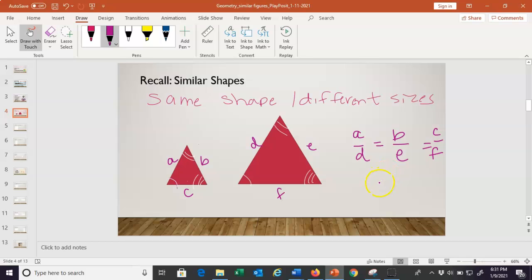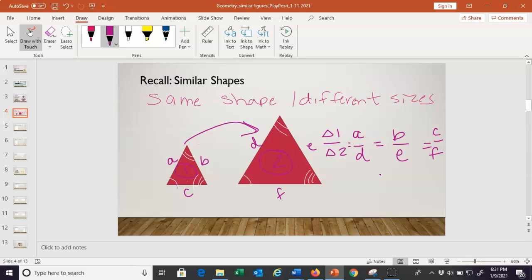The only thing you want to make sure you do is go from the same shape each time. So all of the numerators, the numbers on top, belong to triangle number 1, and we're going to triangle number 2. So triangle 1 over triangle 2. You don't want to start to mix and match them because that wouldn't make mathematical sense. You want to make sure you're going from the same shape each time.